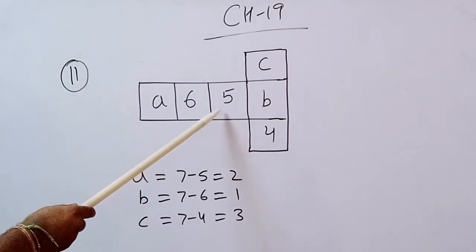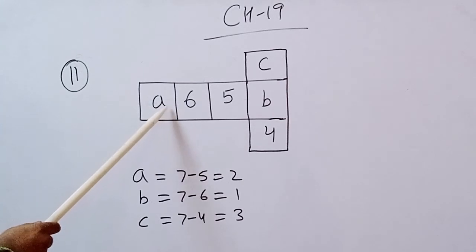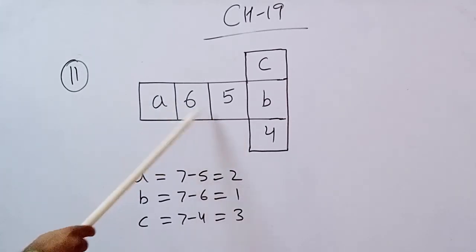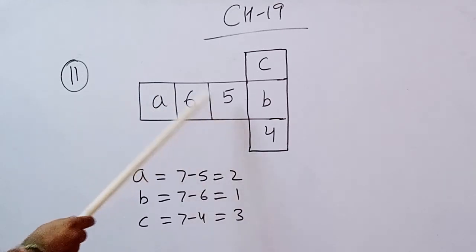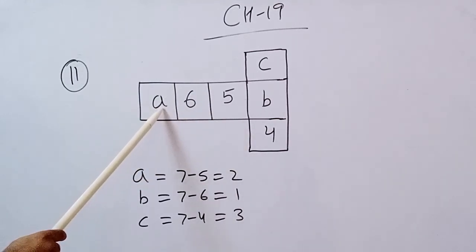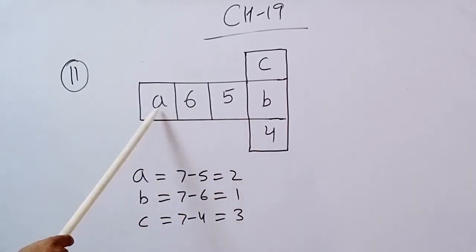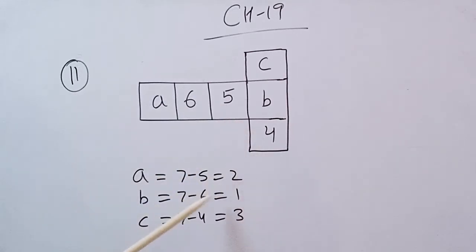Here we have 5 and we have to find A. When you fold this figure, you will find that 5 is opposite to A, and it is given that opposite numbers have the sum 7. So A will be 7 minus 5, that is 2. So the value of A is equal to 2.